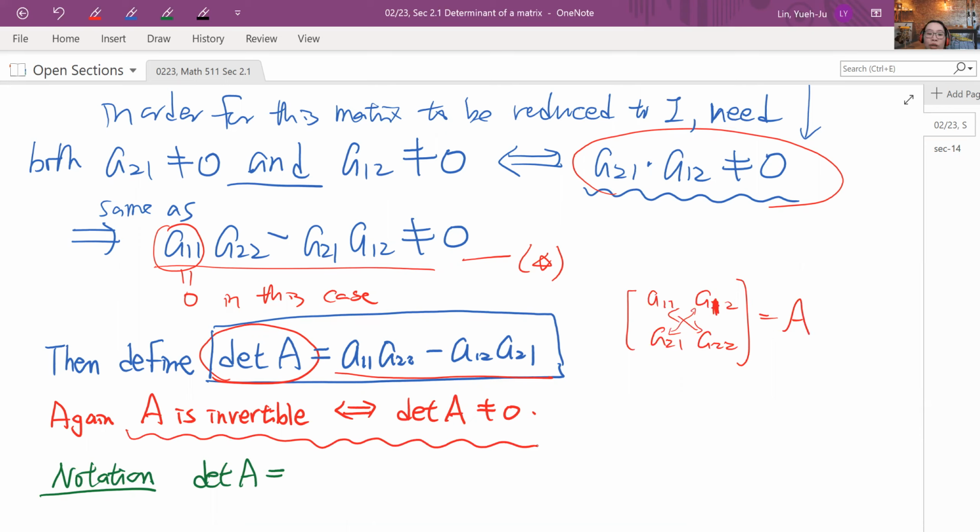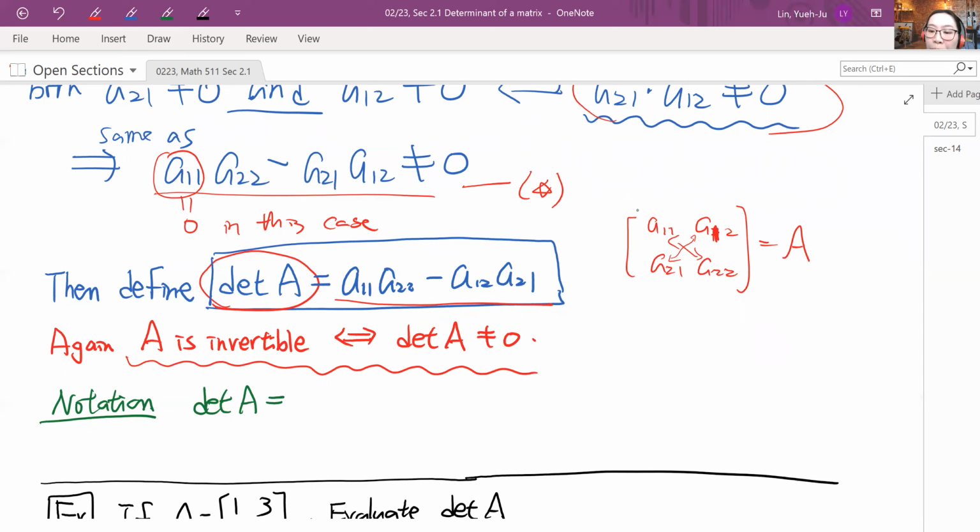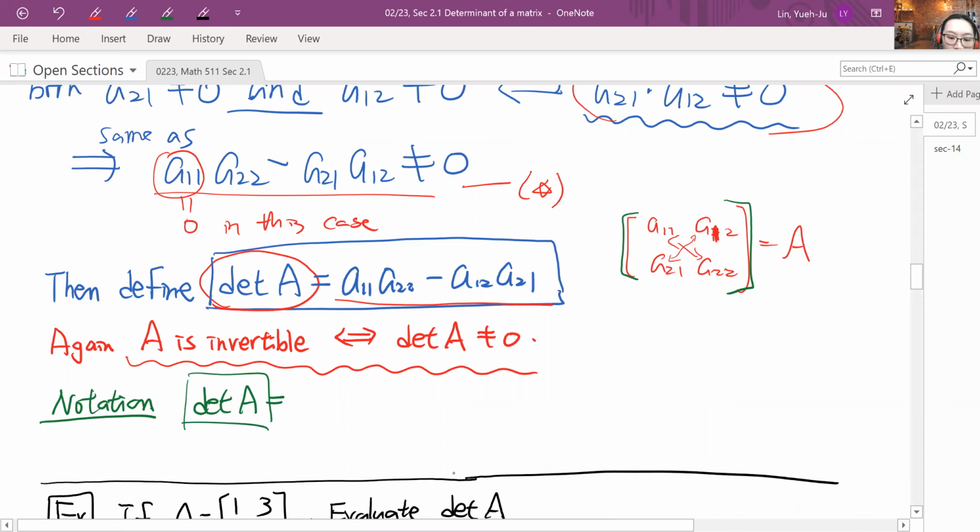This bracket here stands for a matrix, and usually people use bars for the determinant. So if you say you want to calculate the determinant of A, you use bars. If you put bars around a matrix, then you are calculating the determinant, which is the same as calculating the formula we just said.